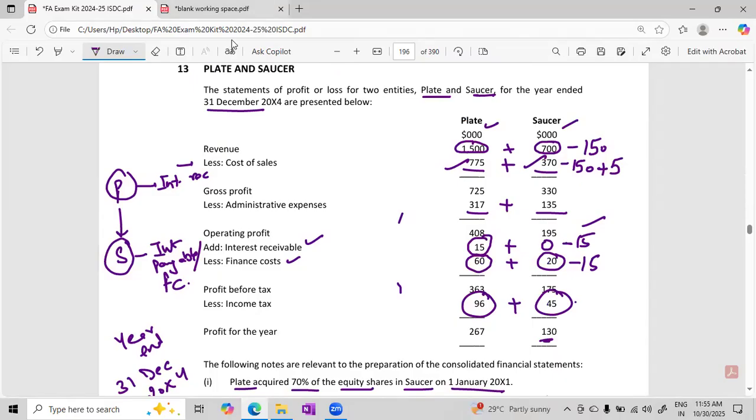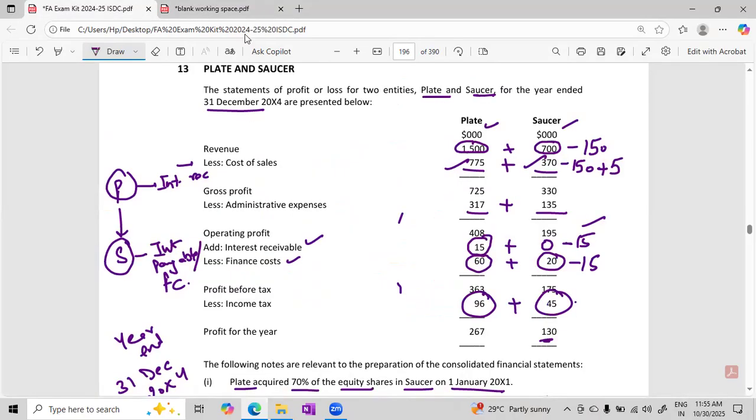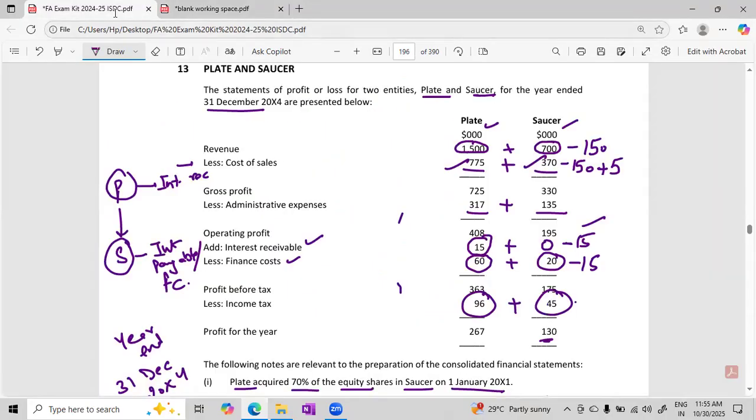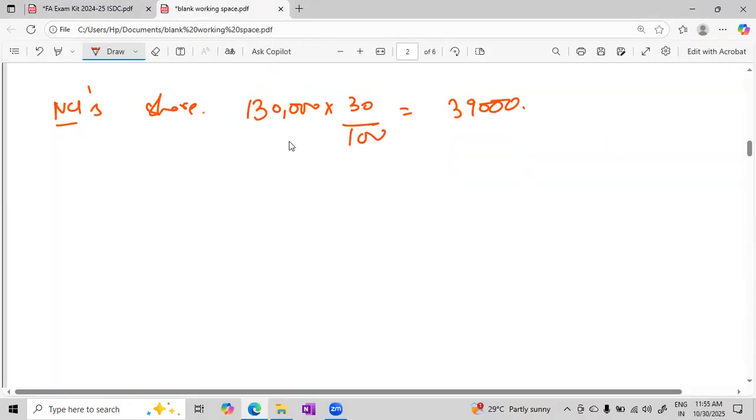Okay. Let's do the calculation in 3 zeros only. So NCI's share of profit would be the profit made by subsidiary company, 130 and 3 zeros. Then take 30% of this. Okay. So this is 39,000. Right? Okay. Then from this deduct 30% of 5,000, which is 1,500.